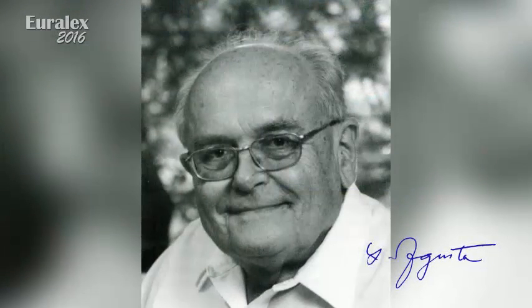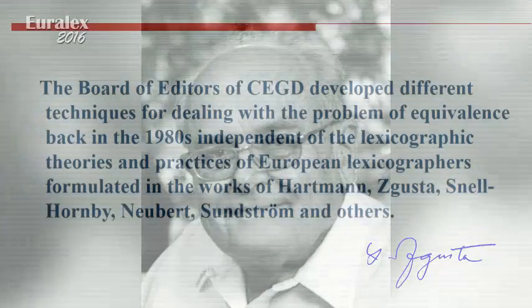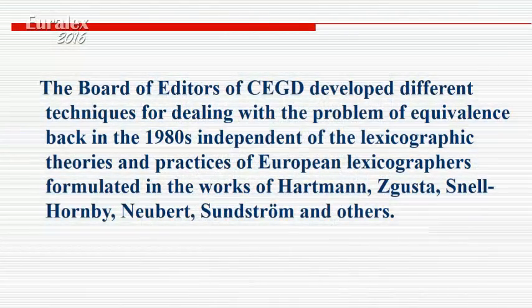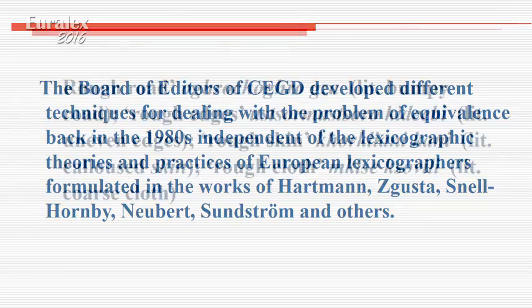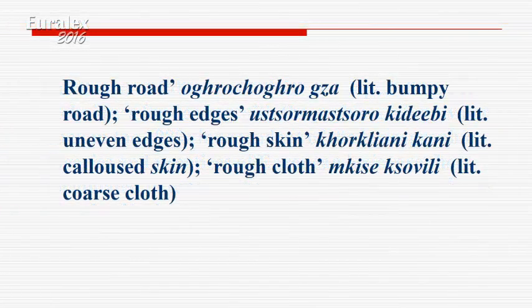We did not know even the name of Ladislav Zgusta back in the 1980s when we started, and the Board of Editors of the Comprehensive English-Georgian Dictionary developed different techniques for dealing with the problem of equivalence back then, independent of the lexicographic theories and practices of European lexicographers, which we familiarized ourselves with later.